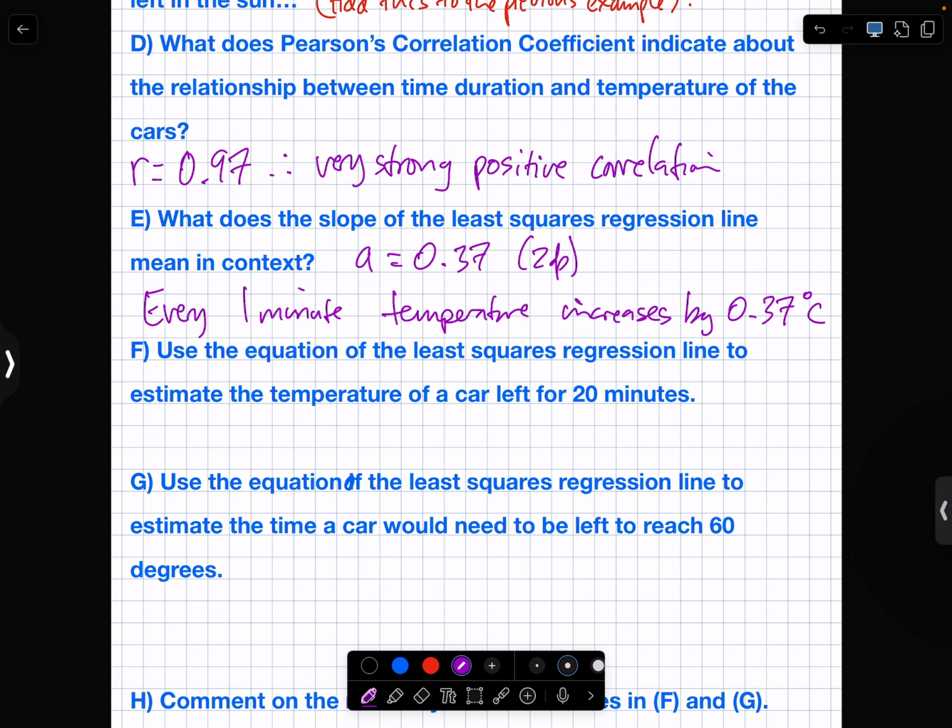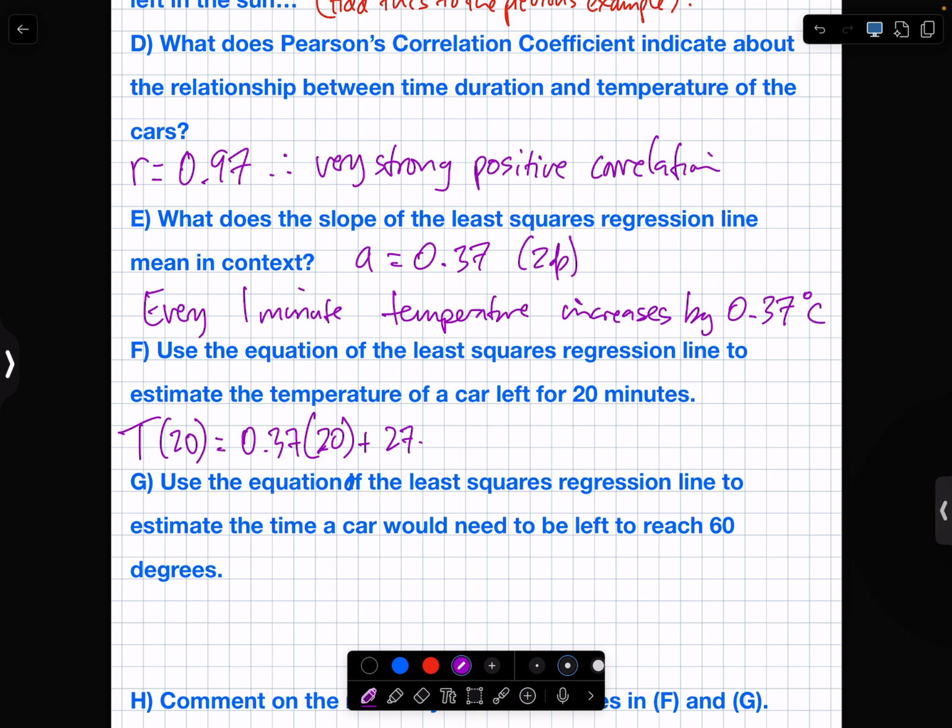Use the equation of the least squares regression line to estimate the temperature of a car left for 20 minutes. So the equation was T. Do you remember what we wrote for the equation? If you've been getting the notes, the T was 0.37. So in this case, T of 20 equals 0.37 times 20 plus 27.03.